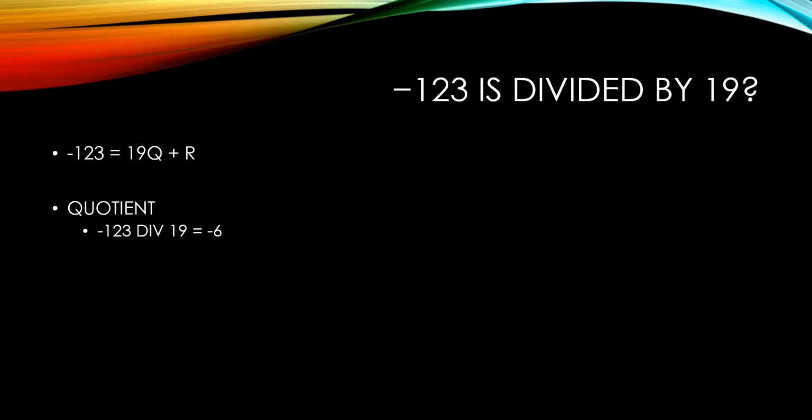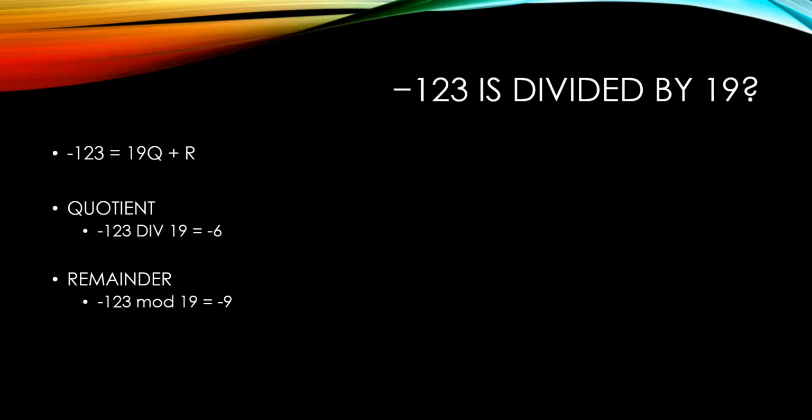And for the remainder, using mod, negative 9 is the result. But this is incorrect. Why? Because the remainder, don't forget, is always positive. So this result is not accepted.